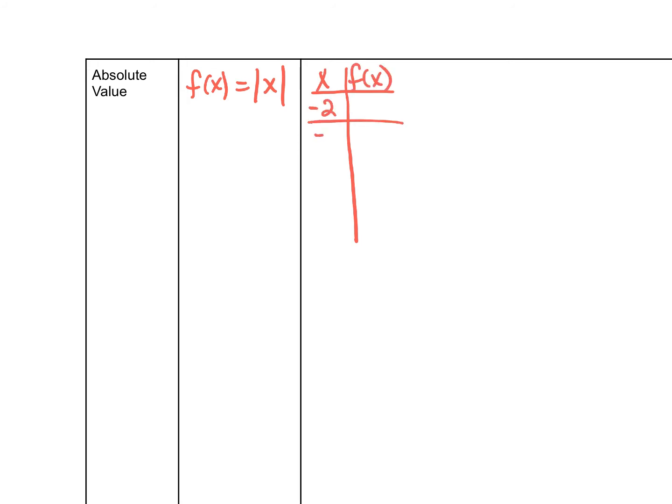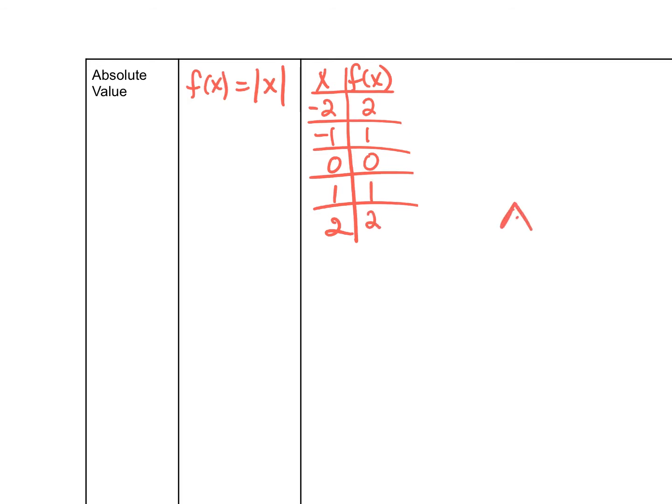Negative 2, negative 1, 0, 1, and 2. What does absolute value do? Makes it positive, doesn't it? So if I plug in negative 2, what comes out? 2. Negative 1 gives 1, 0 gives 0, 1 gives 1, and 2 gives 2.